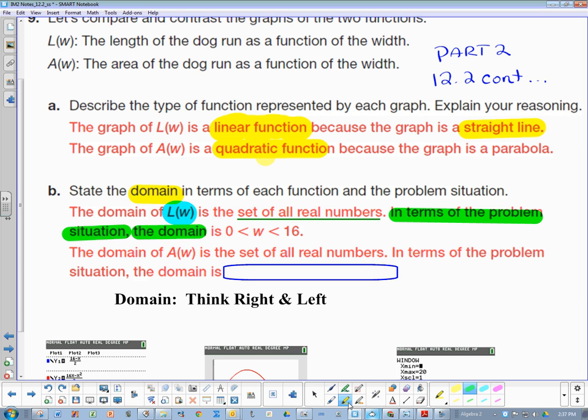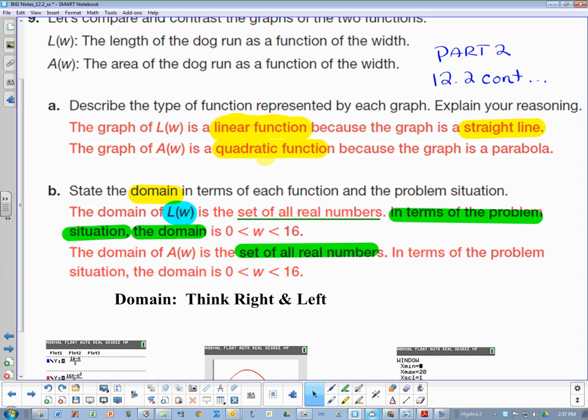Okay, so any number you want. Now, in this situation, once again, you have to stay in between this 0 and 16. You have to. It just doesn't make sense to go outside those limitations.